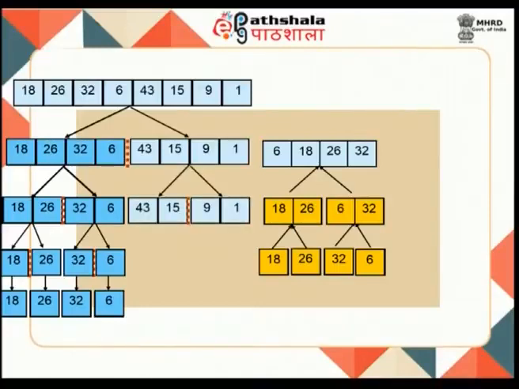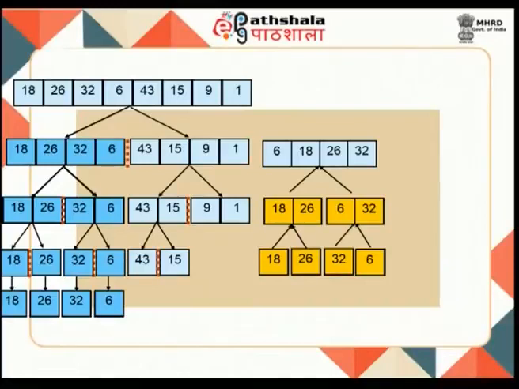I can repeat this for the right hand side or right list. So you can see very well the right array 43, 15, 9, 1 is divided into two subarrays, and I can further divide this.